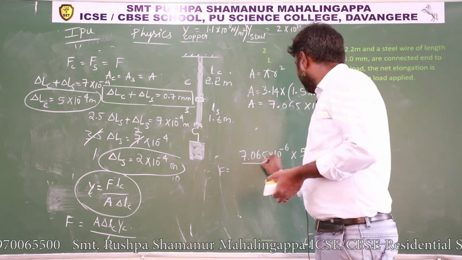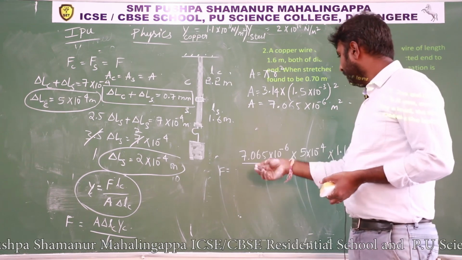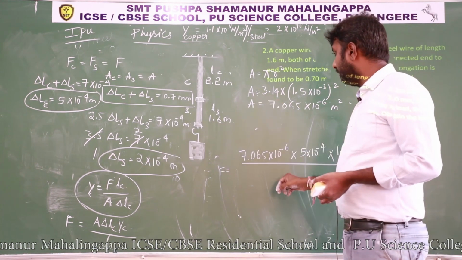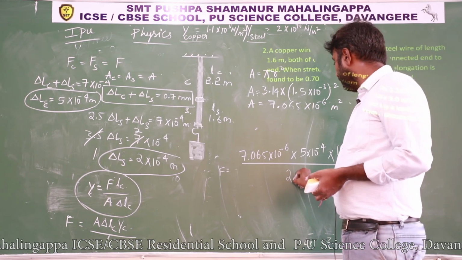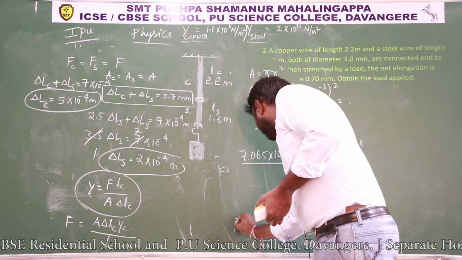This is divided by the initial length of the copper, 2.2 meter.